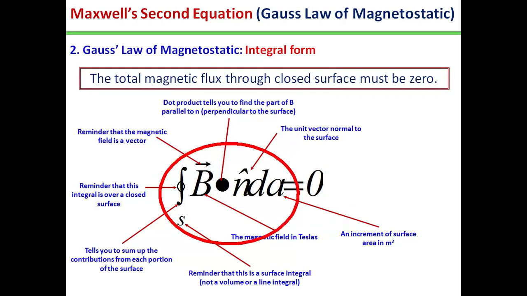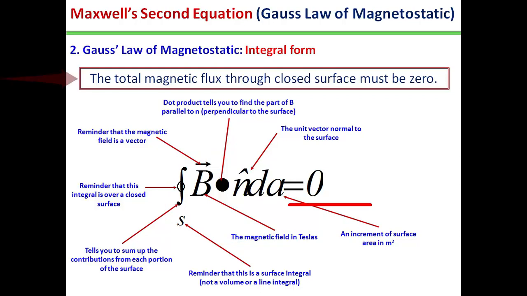The left side of this equation is a mathematical description of the flux of a vector field through a closed surface S. In this case, Gauss law refers to magnetic flux B as the number of magnetic field lines passing through a closed surface S, and the right hand side is identically 0. Therefore, we can say that the total magnetic flux through a closed surface must be 0. And why it is 0, we will discuss later on.